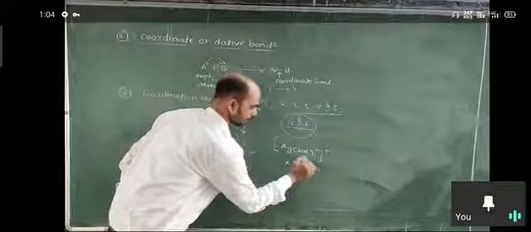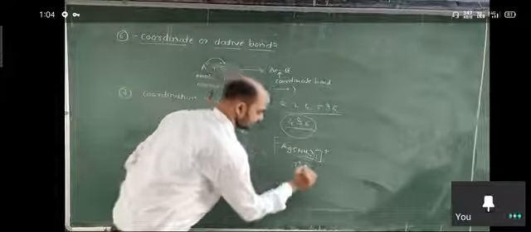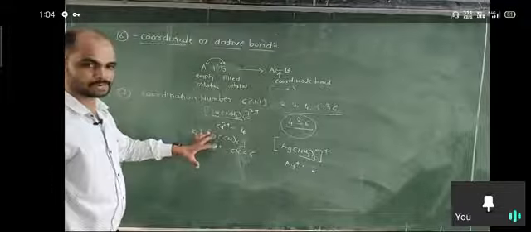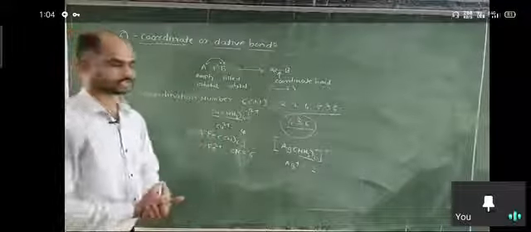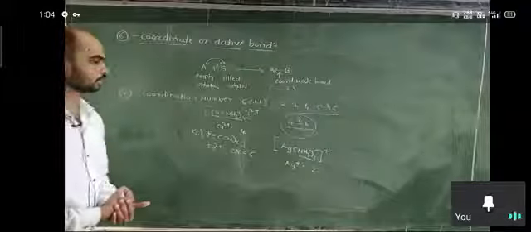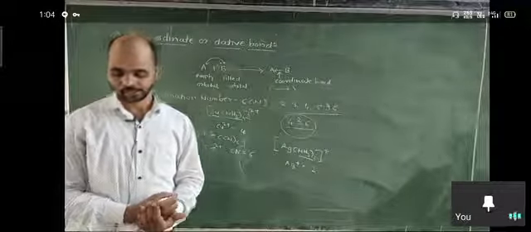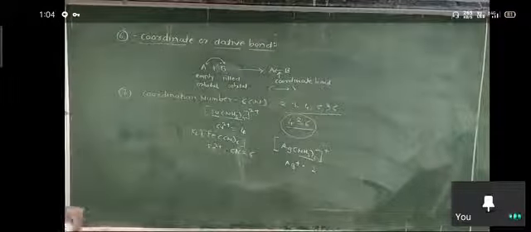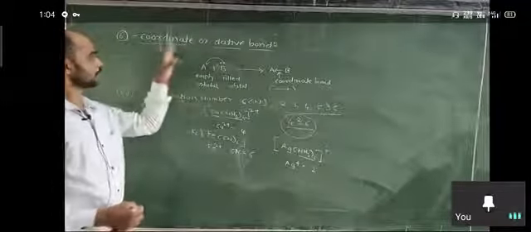Here how many ligands are attached directly to the Cl? There are 2, so the coordination number is 2. So different types of metal atoms or ions have different coordination numbers. It depends on their stability in equilibrium conditions. So this is all about the remaining 2 terms, coordination number and coordinate bond.